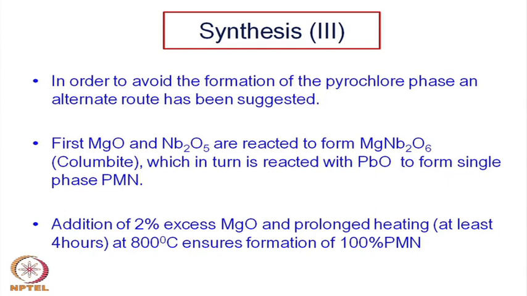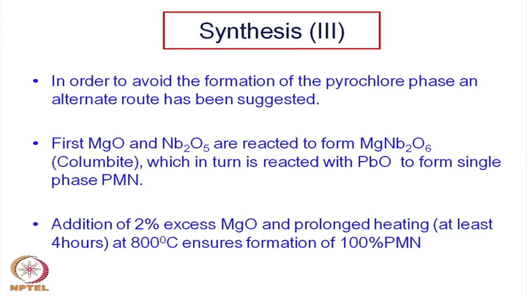Once again it is not solution chemistry, but basically a solid state diffusion route. First, MgO and Nb2O5 are reacted to form MgNb2O6, sometimes called columbite, which in turn is reacted with PbO to form the single phase PMN.